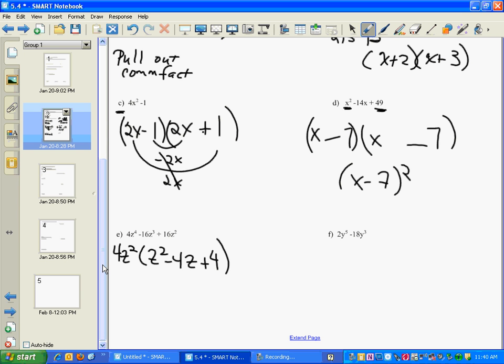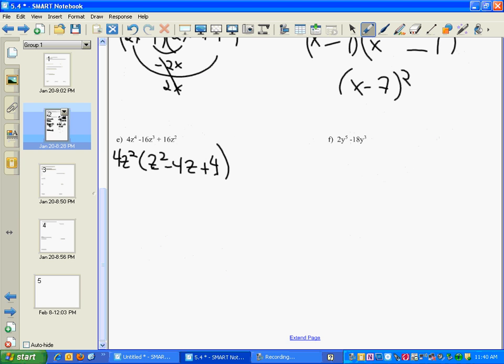I possibly have a perfect square, right? Because z squared is perfect and 4 is perfect. So let's see. That means z and z, 2 and 2. Middle term is negative. Last term is positive. What's my sign going to be? And then check. Middle term is a negative 2z and a negative 2z, which actually is the negative 4z. So this works. What do I need to make sure I include as part of my answer?